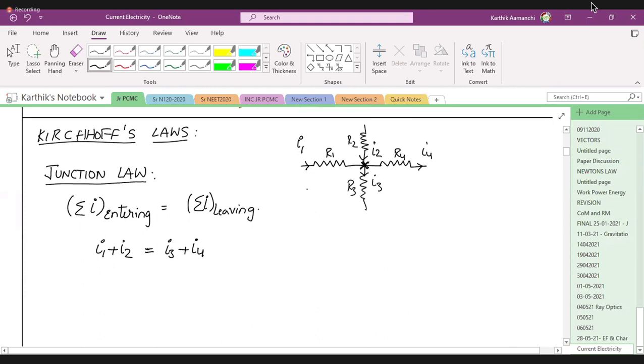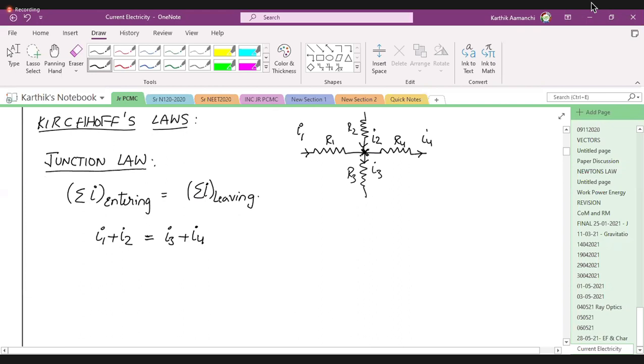So you can take your currents coming towards your junction as positive and currents leaving the junction as negative.